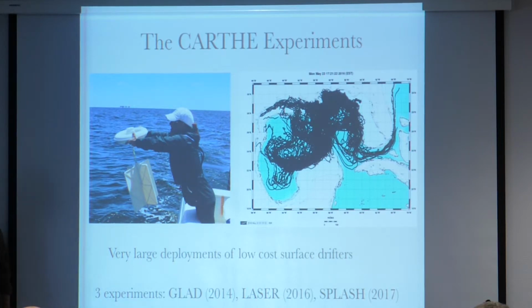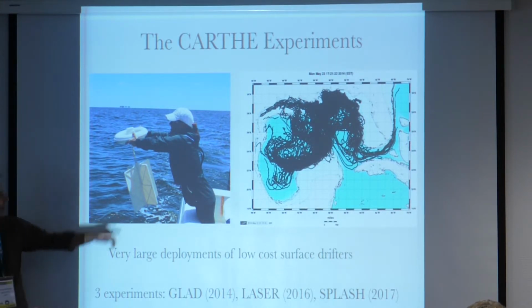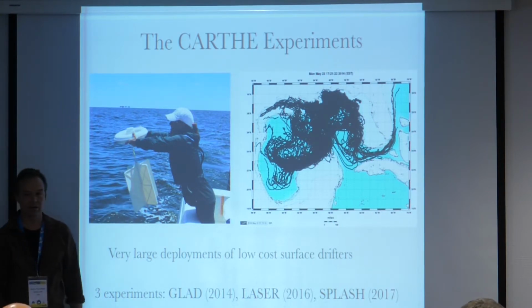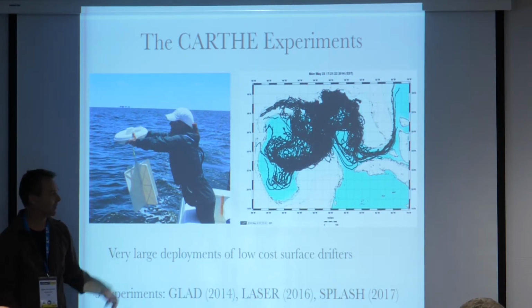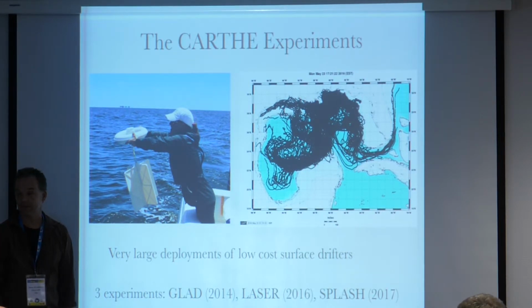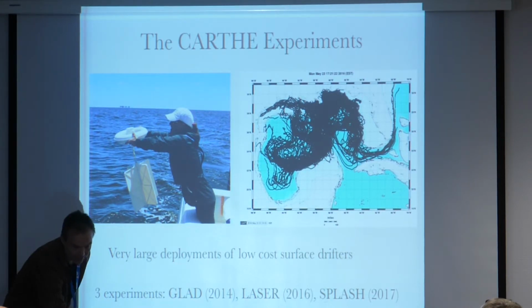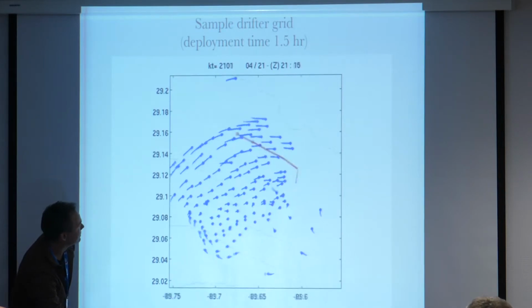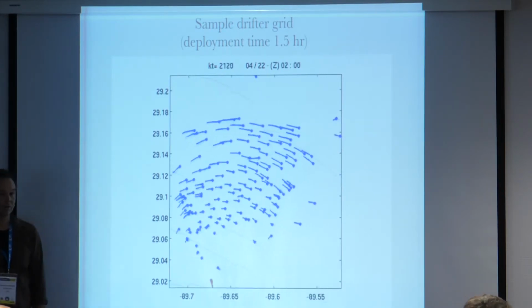So in the last few years, we did a bunch of massive drifter release experiments. And the map on the right is just all tracks on top of each other. These experiments involve hundreds, and in one case even 1,000 drifters. So once you start putting in drifters of that scale, you can start to resolve these submesoscale things.